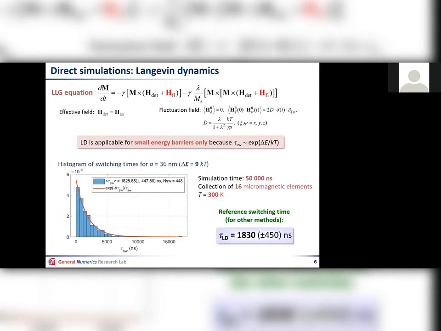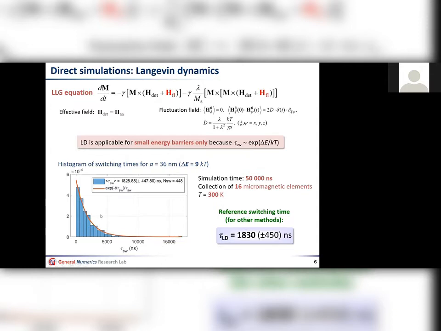Now, among direct simulations, we obviously have the Langevin dynamics as a method of choice. You simply, or not simply, because it is a stochastic differential equation, you solve the Landau-Lifshitz-Gilbert equation with a fluctuation field. And this method obviously works for small energy barriers only because the switching time depends exponentially on the energy barrier.